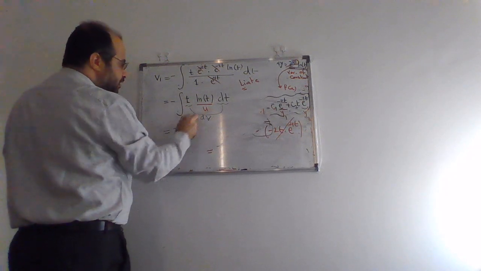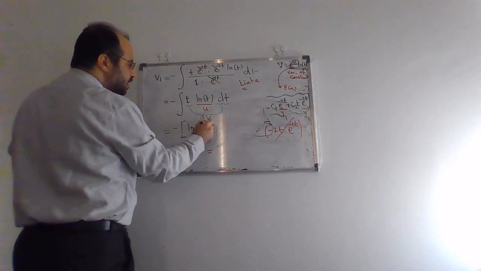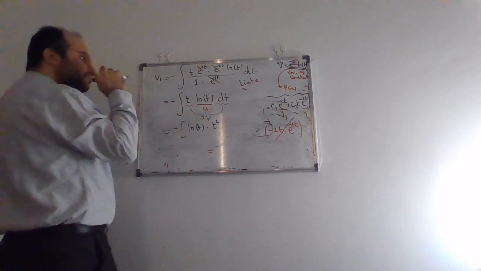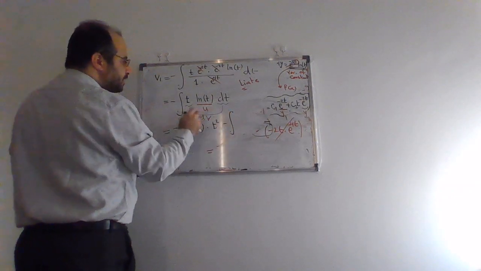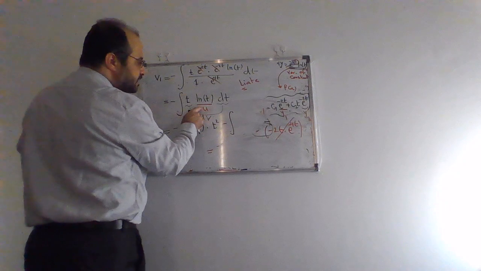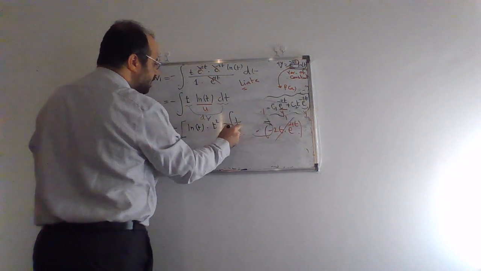And then I'm getting u is ln of t times v, which is t squared over 2. So I'm doing integration by parts one time, and here is a minus in the rule, and it says you differentiate this, which is du, you get 1 over t, yeah?